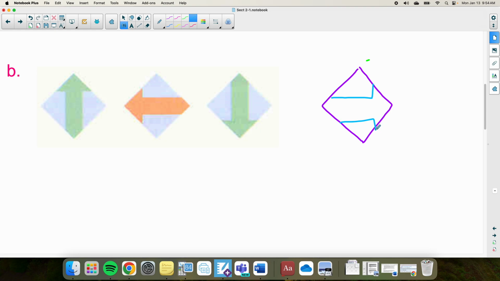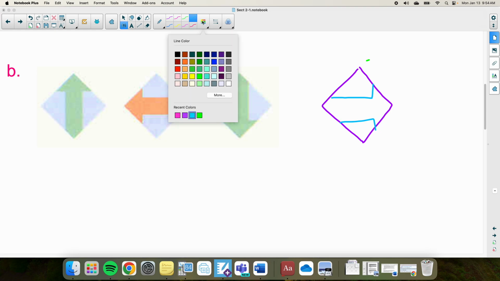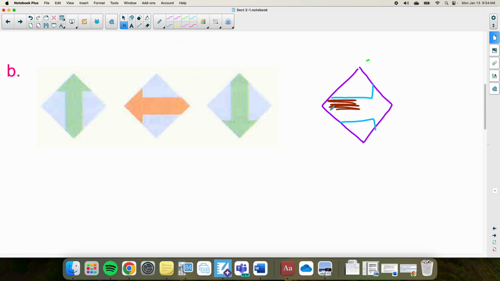Now, this one is like green, orange, green, so wouldn't this be orange, right? So, yeah, so this, oh, that's a bad orange, but imagine that's orange. Okay. So, and again, we don't have to explain it, we just had to draw that.